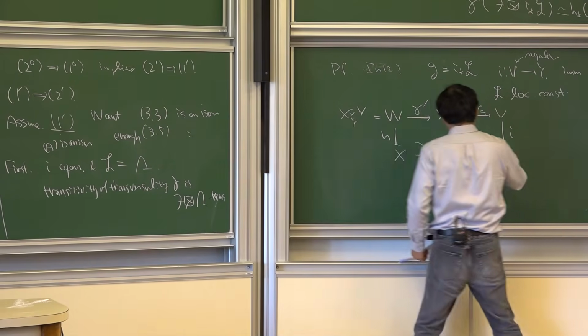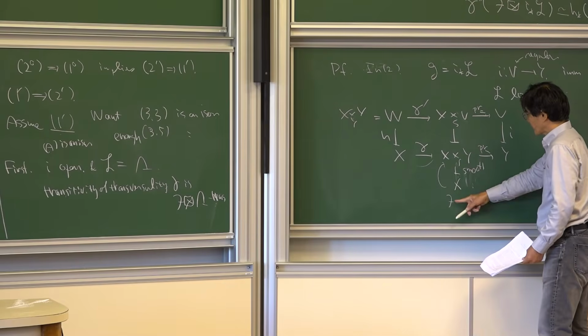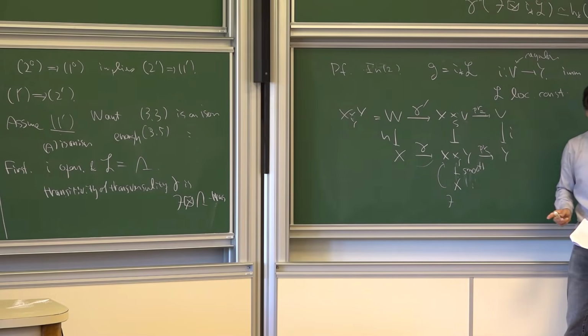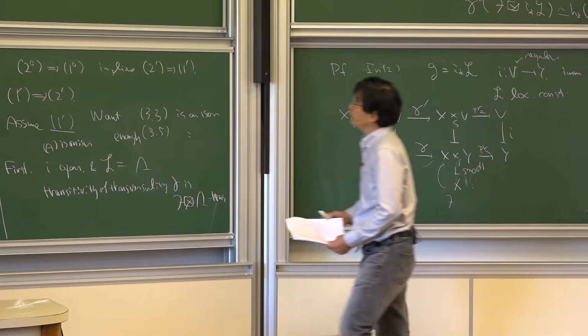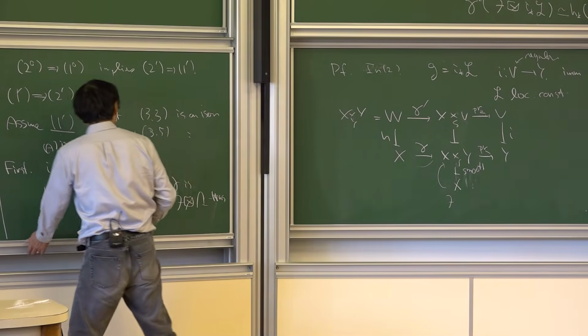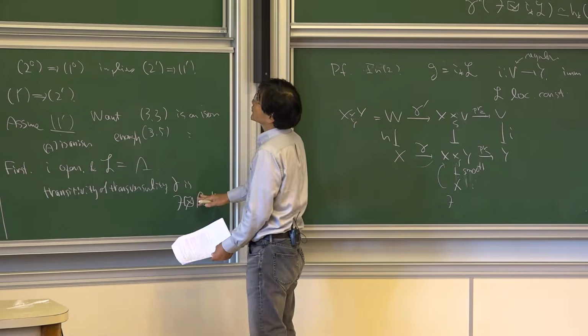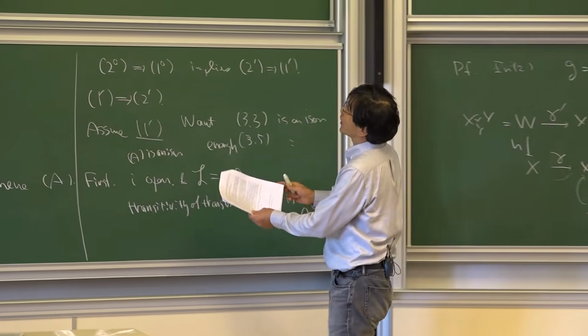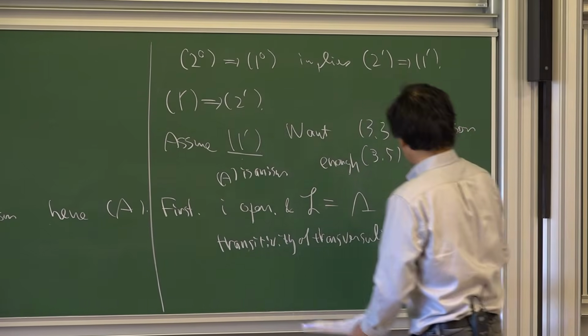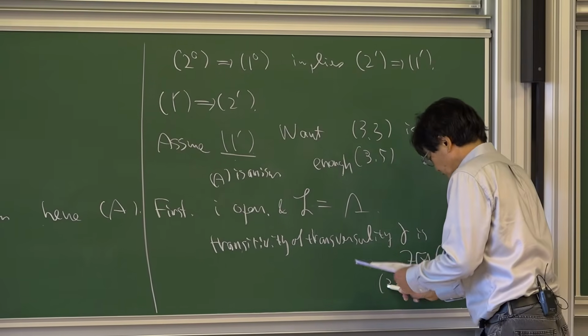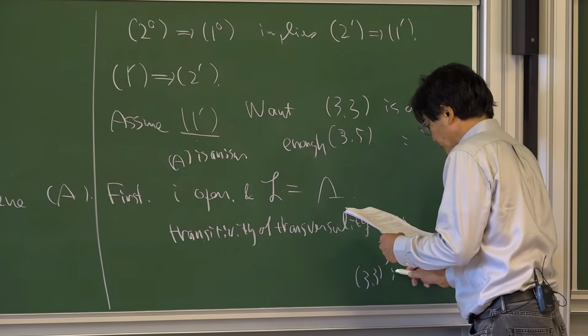Here, this smooth morphism is F transversal because of Poincare duality. So gamma being transversal means that this upper line, this 3.3, is an isomorphism.